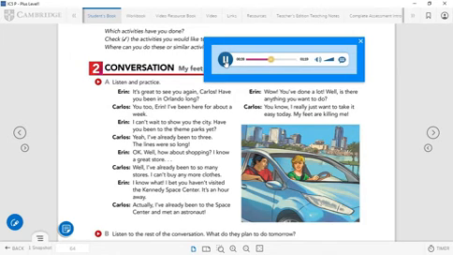Okay. Well, how about shopping? I know a great store. Well, I've already been to so many stores. I can't buy any more clothes. I know what. I bet you haven't visited the Kennedy Space Center. It's an hour away. Actually, I've already been to the Space Center and met an astronaut. Wow, you've done a lot. Well, is there anything you want to do? You know, I really just want to take it easy today. My feet are killing me.